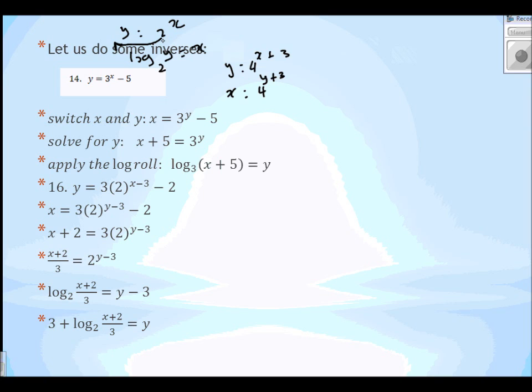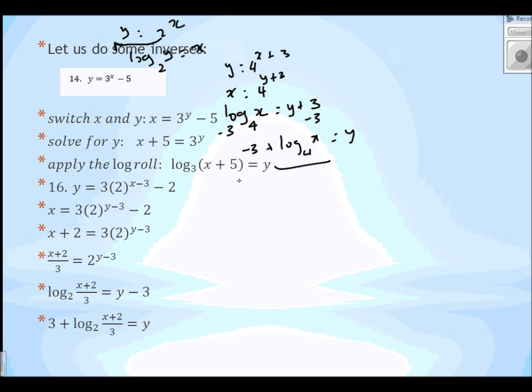See how it has rolled? Similarly, I'm going to apply the log rule here. So it is log of x to the base 4 is equal to y plus 3. Now I want to isolate y, so I subtract 3 on both sides. So this is negative 3 plus log x to the base 4 equal to y. This is your answer.